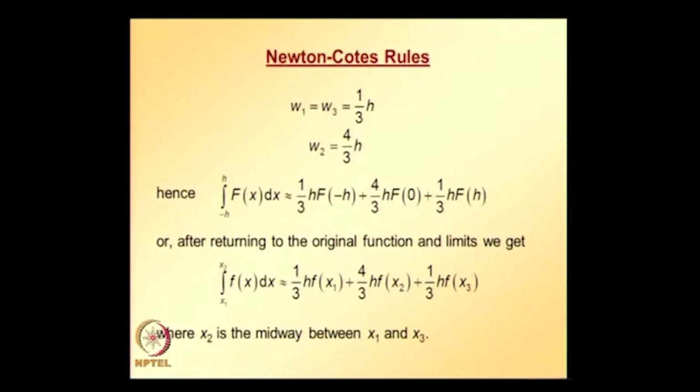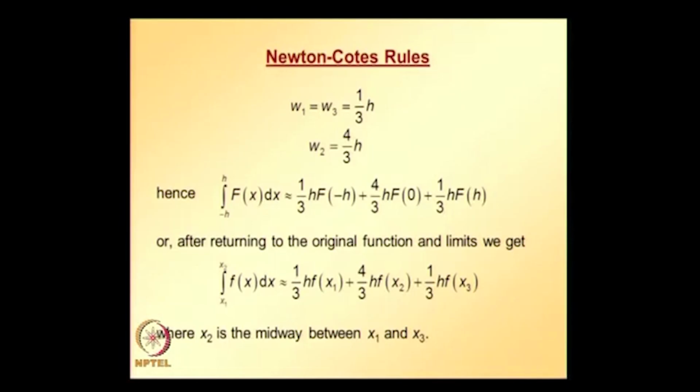If one wants to derive Newton-Cotes rule weights for a quartic function, that is a 4th order function, then one needs to get 5 equations, and so we need to start with f(x) equal to 1, f(x) equal to x, f(x) equal to x squared, f(x) equal to x cubed, f(x) equal to x to the power 4.